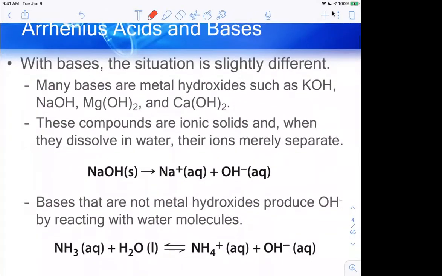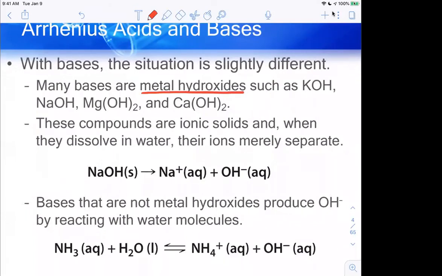Now, when I have bases, the situation is a little bit different. Many bases are metal hydroxides, specifically group 2A and group 1A metal hydroxides. These compounds are ionic solids, and when they dissolve in water, their ions dissociate.